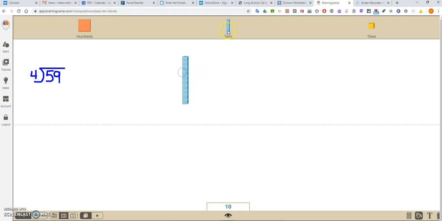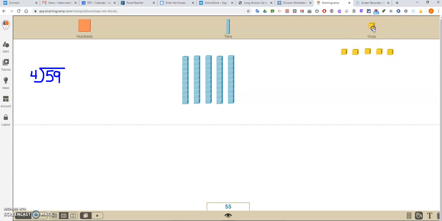So we're going to use 5 rods and 9 units. 1, 2, 3, 4, 5, 6, 7, 8, 9. So that's 59: 10, 20, 30, 40, 50, 51, 2, 3, 4, 5, 6, 7, 8, 9.